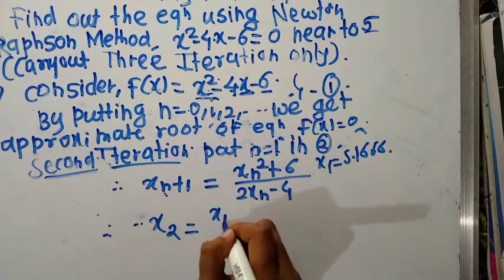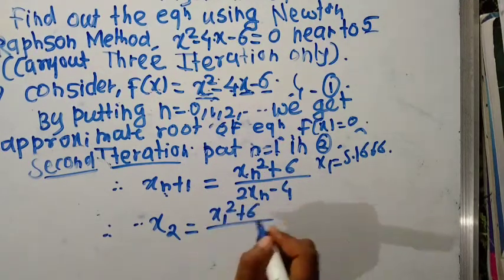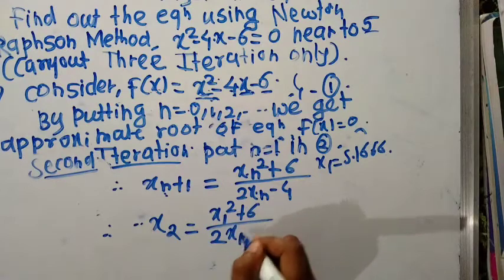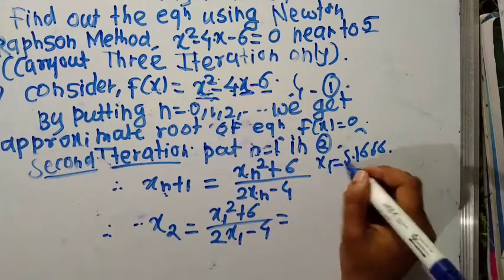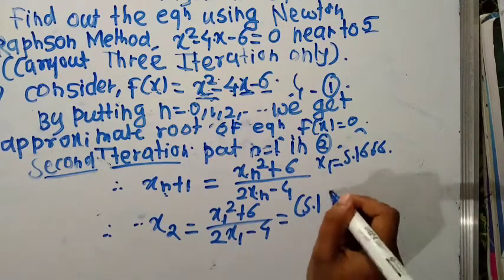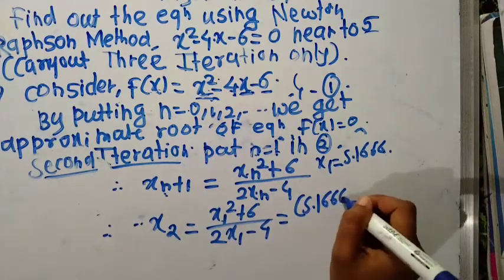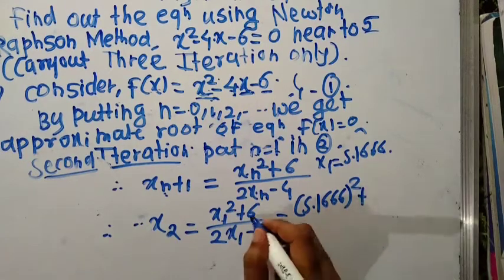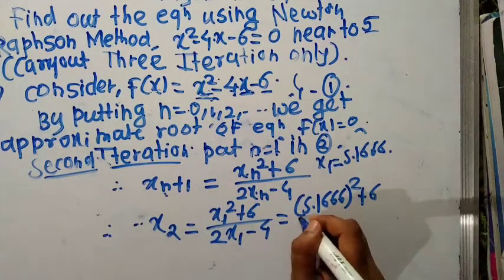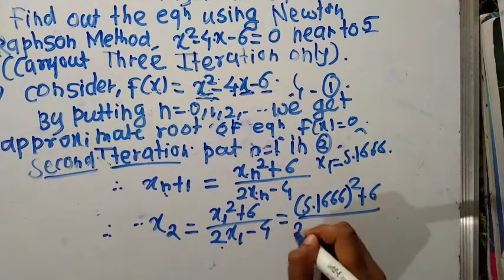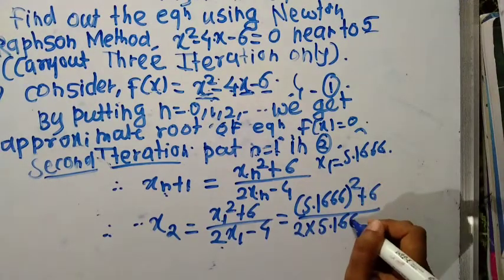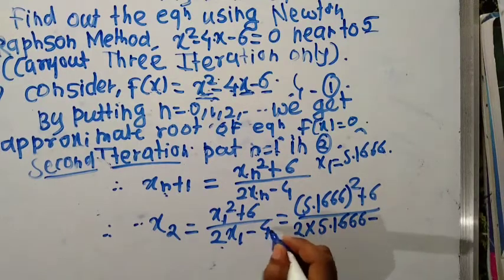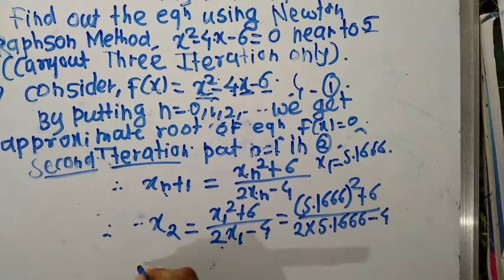So x2 is x1 square plus 6 divided by 2 into x1 minus 4, that is, 5.1666 square plus 6 divided by 2 into 5.1666 minus 4. So find out the value.